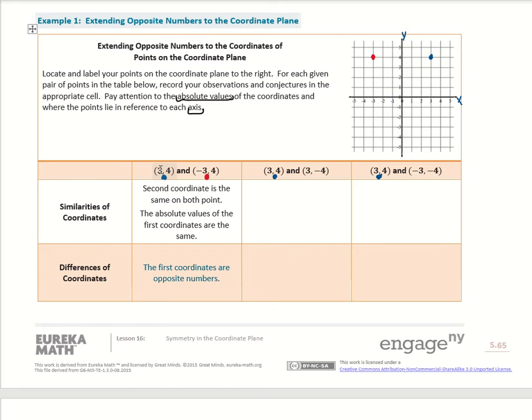The first coordinate for my first point is 3. The opposite of 3 is -3. So the first coordinate in my first point is the opposite of the first coordinate in my second point. My x coordinates are opposite numbers. Or my first coordinates are opposite numbers.